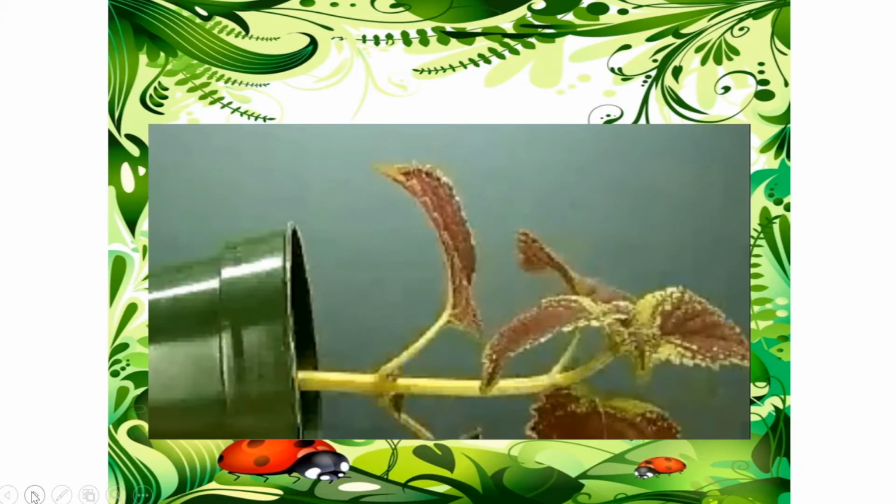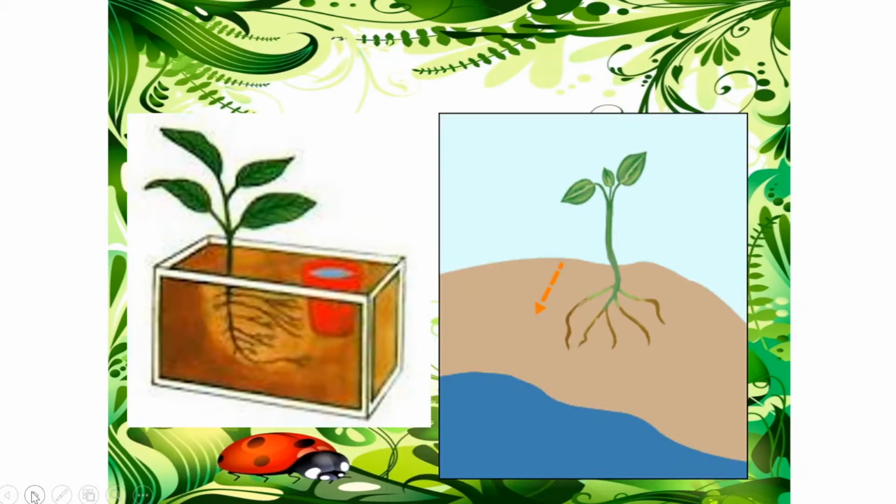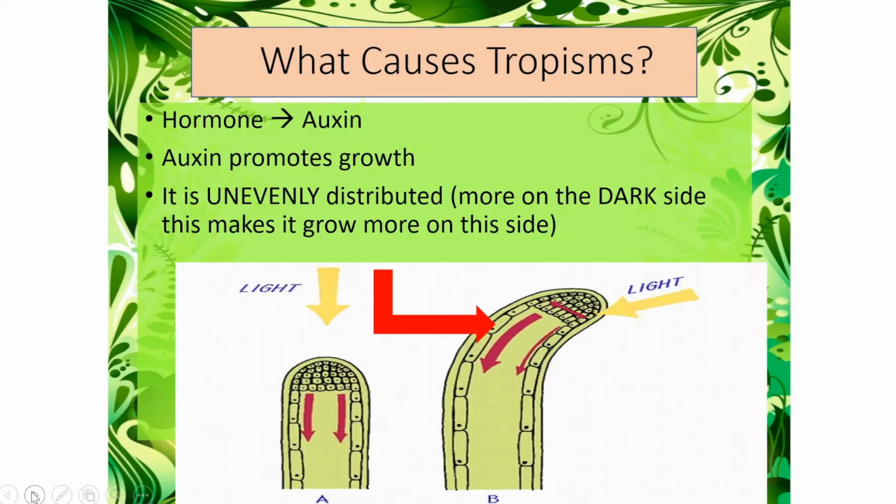The shoot is growing against gravity. Gravity acts downwards and the shoot is growing upwards. This is a negative gravitropism. The roots are growing with gravity, so this is a positive gravitropism. And these roots are growing towards the water, so that is a positive hydrotropic response.